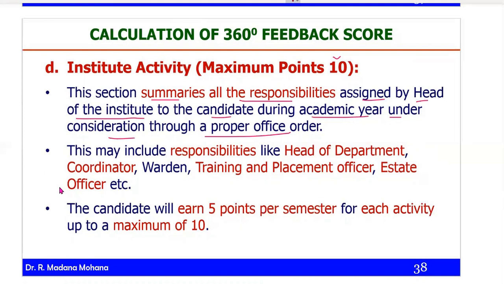This may include responsibilities like head of the department, coordinator, warden, training and placement officer, estate officer, etc. These are some examples of responsibilities. The candidate will earn 5 points per semester for each activity up to a maximum of 10 points. These are all institute level activities.